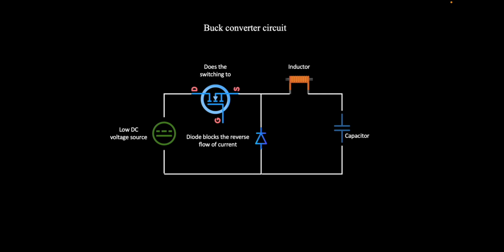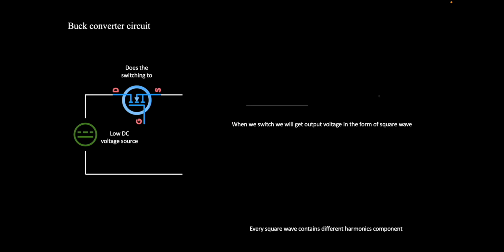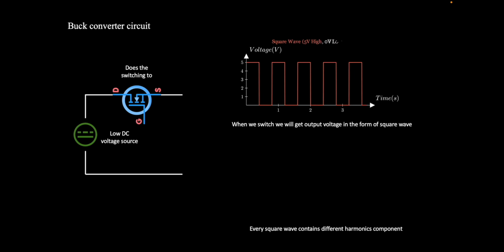Seeing the buck converter diagram is not enough. We need to understand why the converter is designed in this way. So let's try to analyze how things happen on the left hand side after the switch. We have a DC source. Suppose you consider a 5 volt DC.